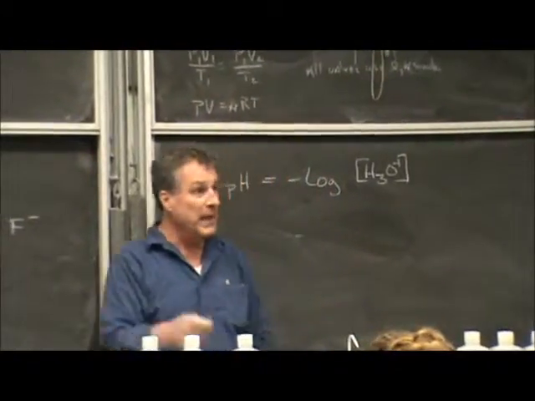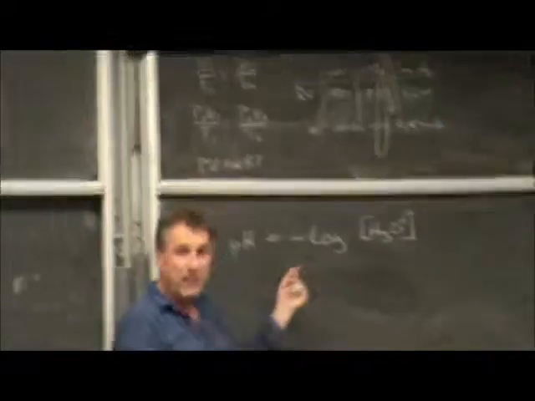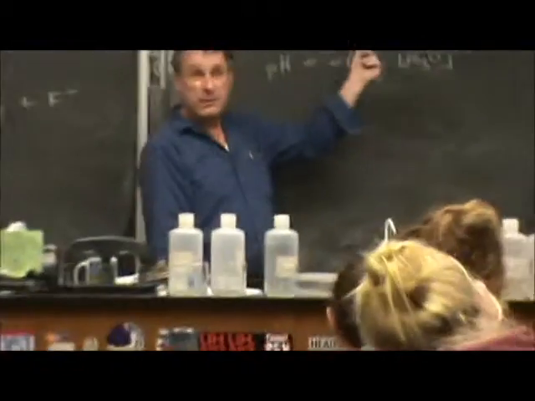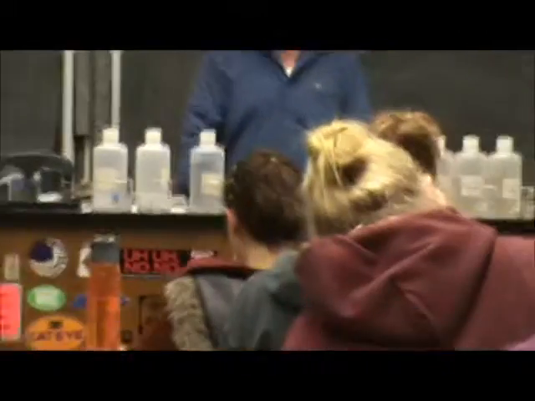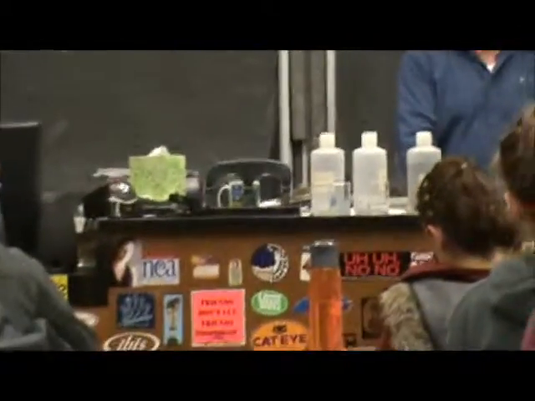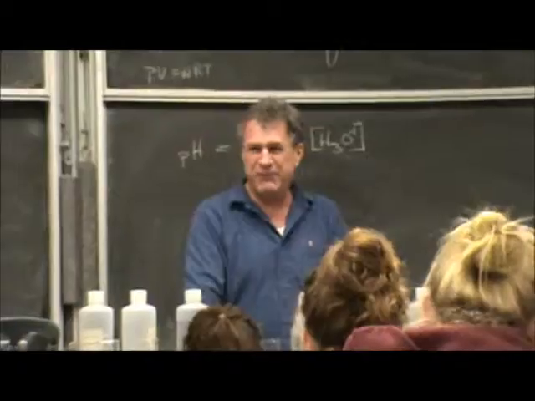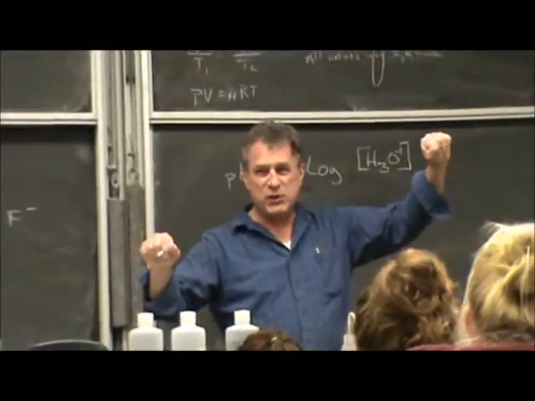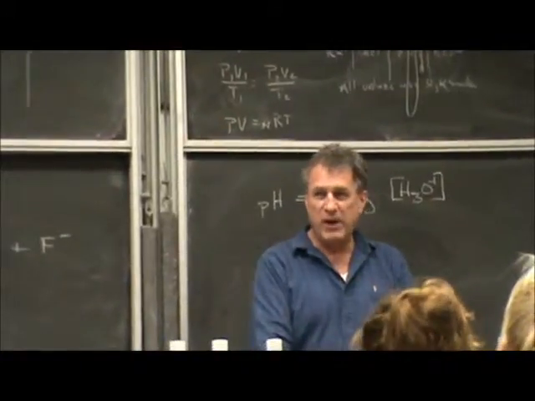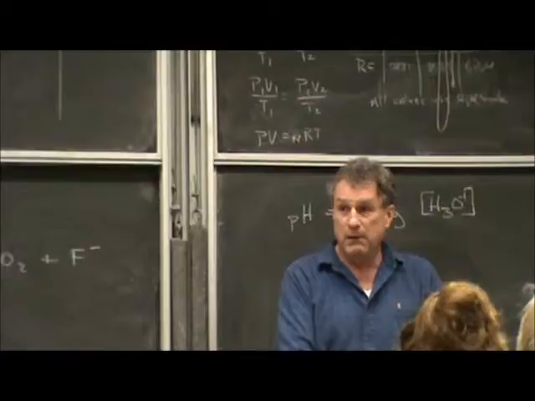Instead of going from 10 to 1 times 10 to the negative 16th, it goes from negative 1 to 15. So you know the pH scale goes from 0 to 14. Yeah? It really goes from about negative 1 up to about 15. It's just that those are such extreme concentrations, one way or the other, that we don't usually run into those. That's why it's most commonly shown as a 0 to 14 scale, right?